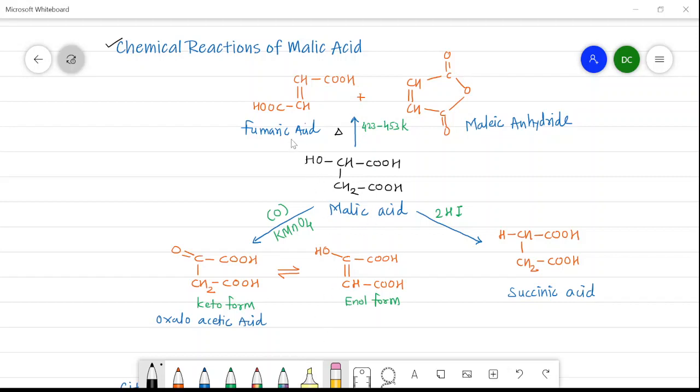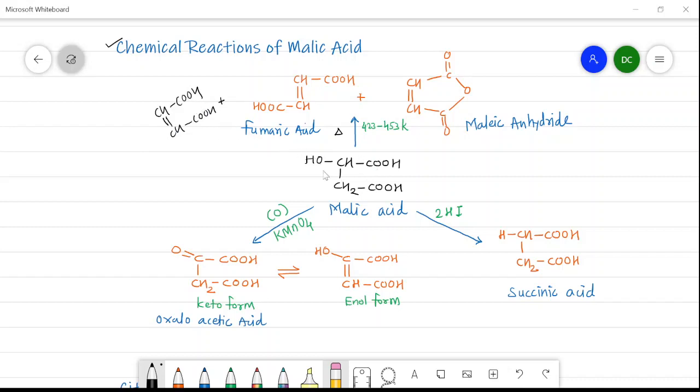Now, in fumaric acid, there is a formation of a double bond, but the COOH groups are opposite to each other, because this fumaric acid is more stable than the second acid, which is like this, CHCOOH, CHCOOH. These two are isomers of each other. It is a trans isomer, and this is a cis isomer, but it is less stable because the COOH groups are on the same side.